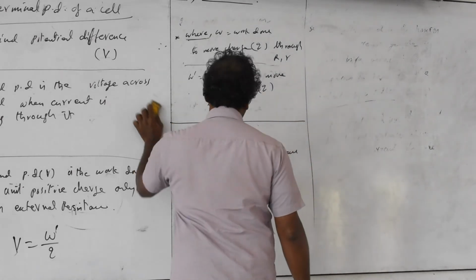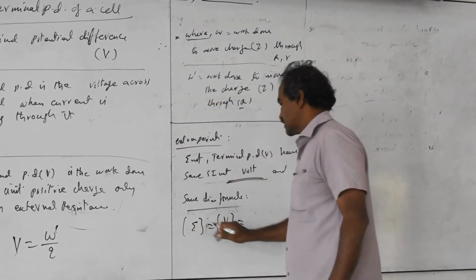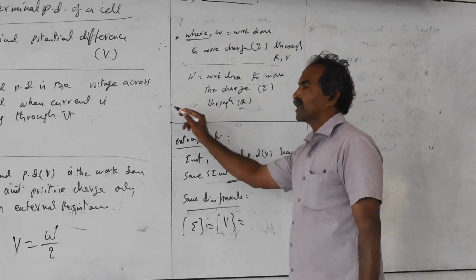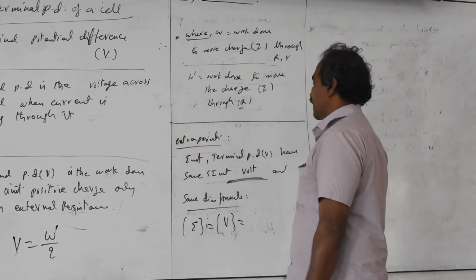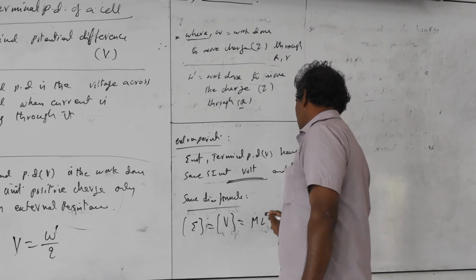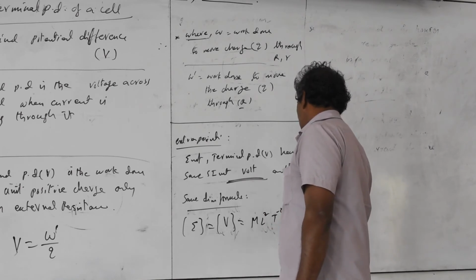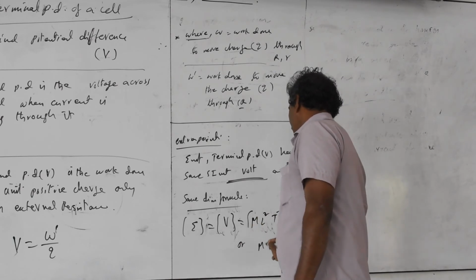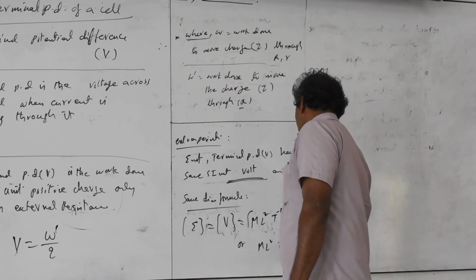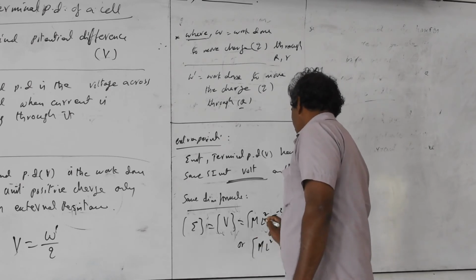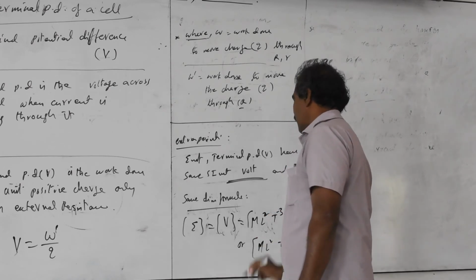Different formulas are there, we go for the easiest method. V is nothing but power by current, and the dimensional formula of power is ML^2T^-3, so V is ML^2T^-3I^-1.